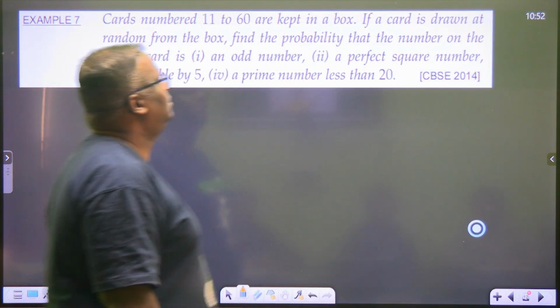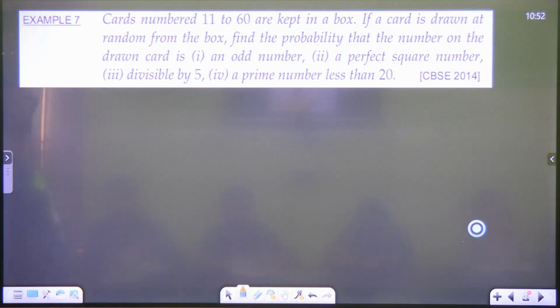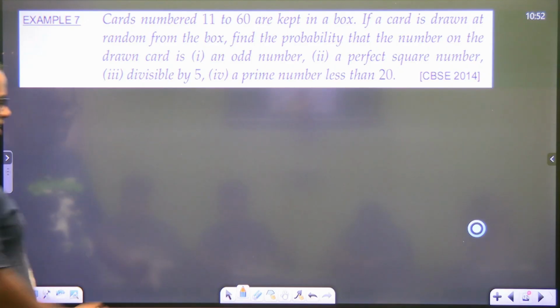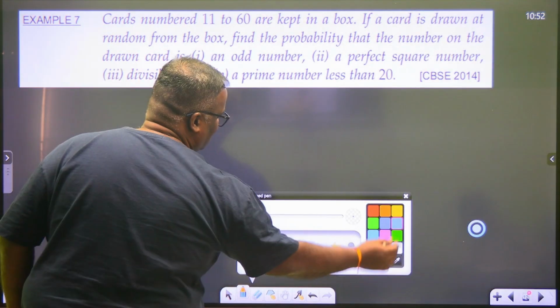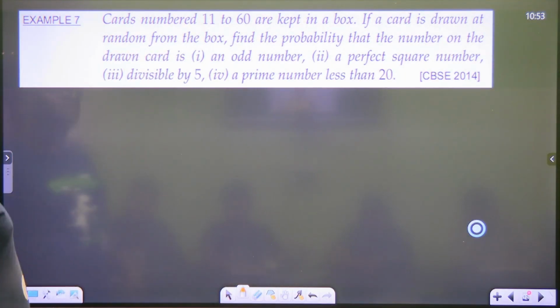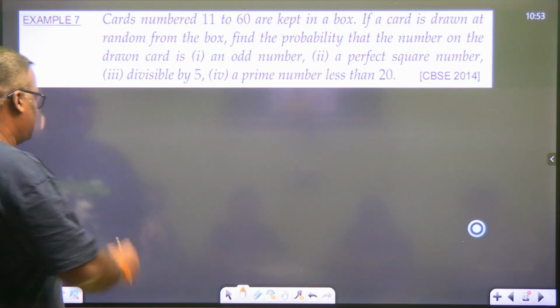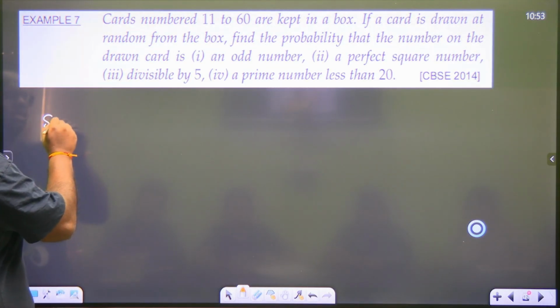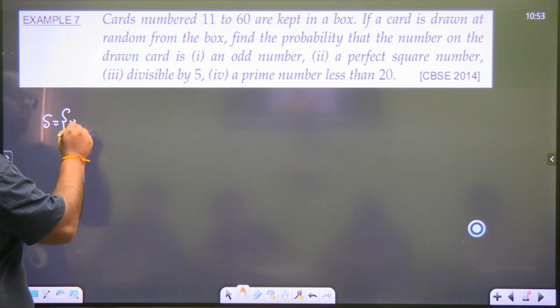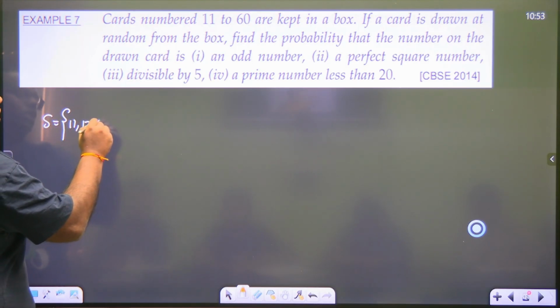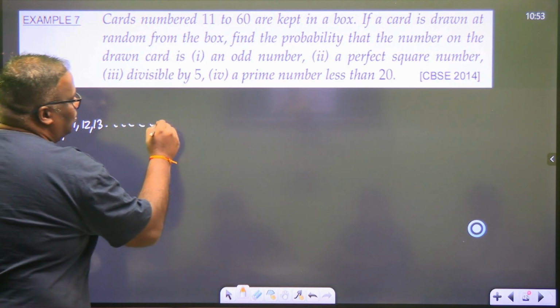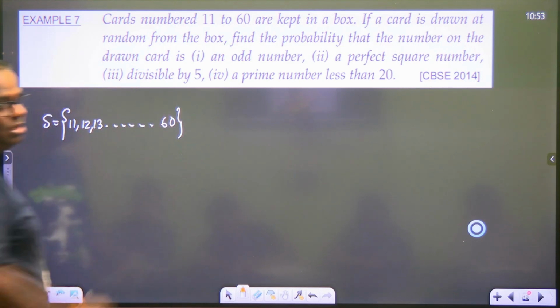Yeah. Now, this is interesting. Okay, let's not get confused. So let's dramatize the problem. Cards numbered 11 to 60 are kept in a box. So the box itself is the sample space. You have card number 11, 12, 13, dot, up to how much? 60.